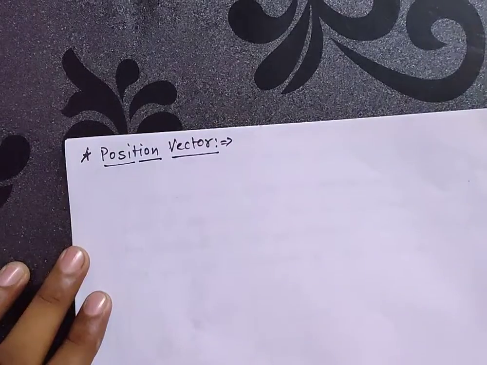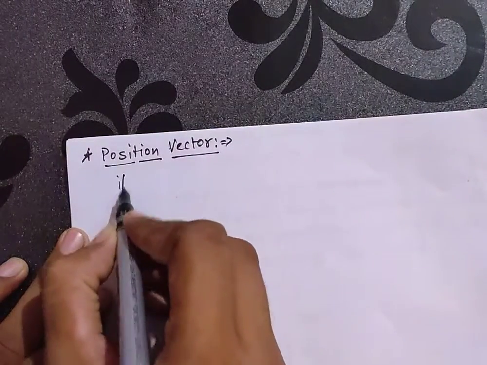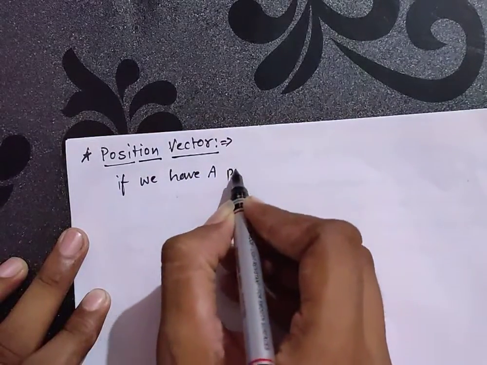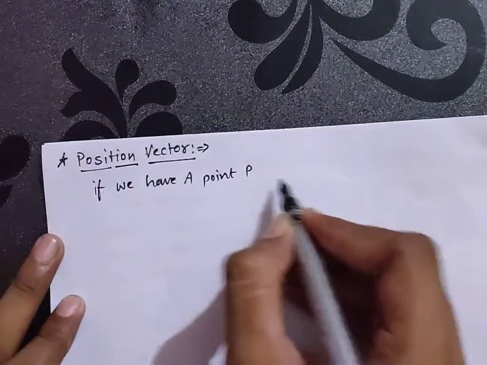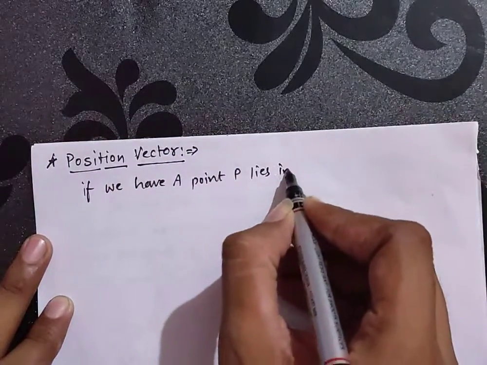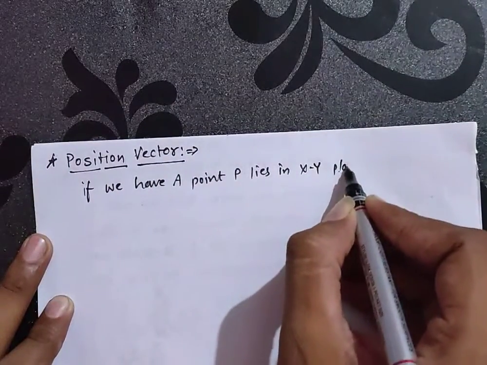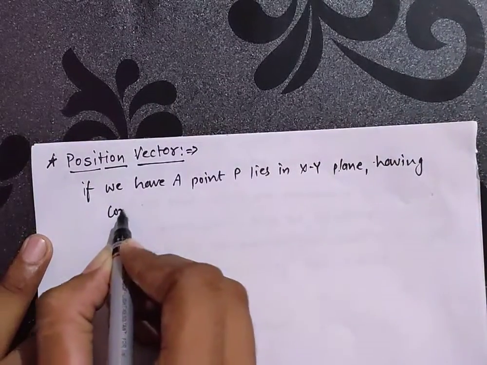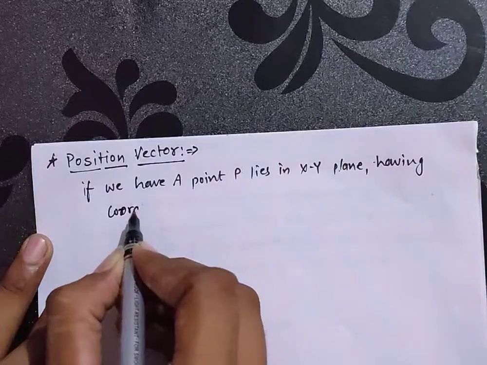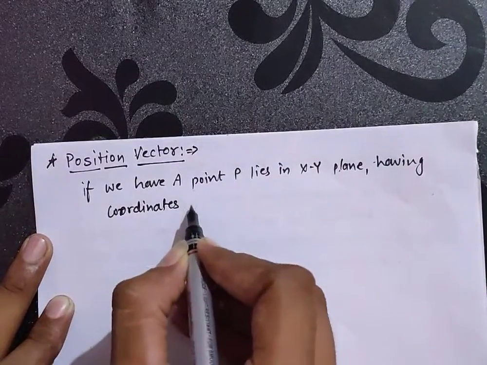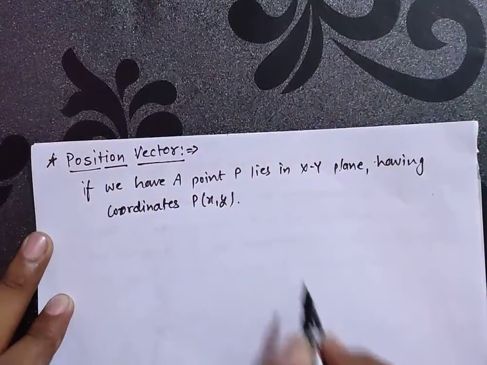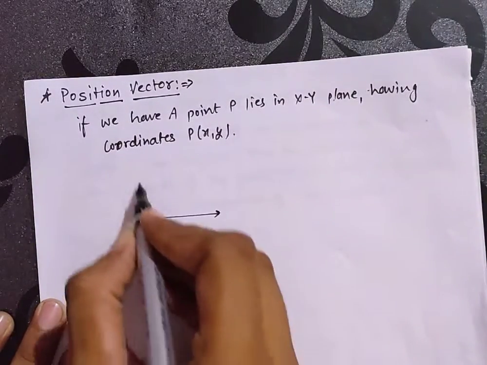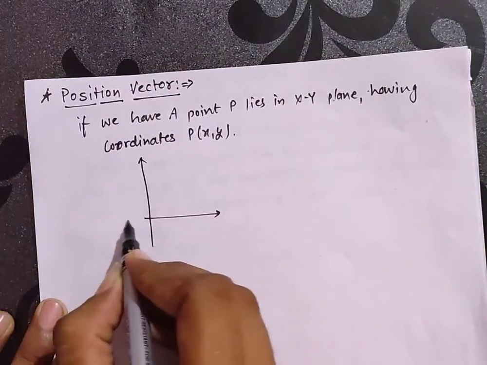Now let's talk about the position vector. If we have a point P which lies in the xy plane having coordinates x and y, how is it represented? So this is the x axis, this is the y axis.